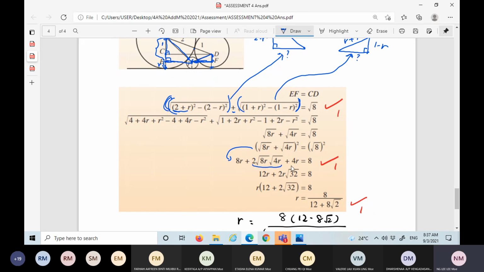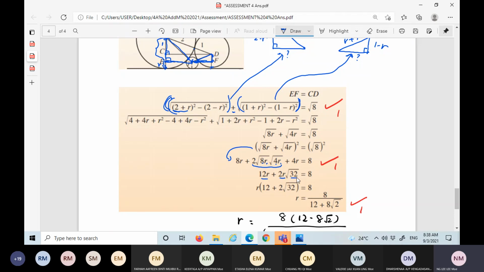First of all, 8R plus 4R is 12R. Then square root R times square root R becomes R, so you have a 2R here. And then 8 times 4, inside the square root is 32, square root of 32. I remember there was one girl who remained at square root of 32. If square root of 32 is your final answer, that cannot.